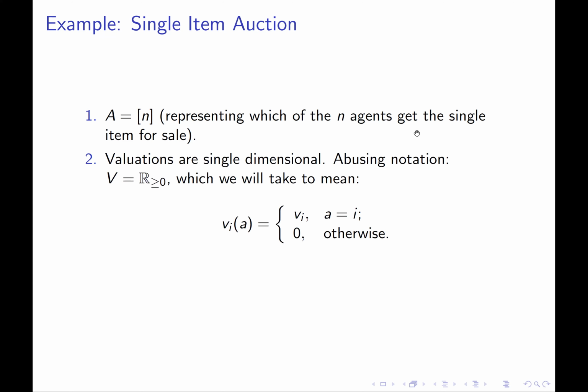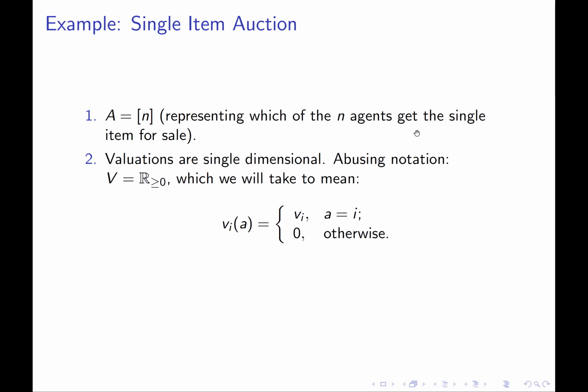And in this setting, valuations are pretty simple objects, right? Either you get the toilet paper or you don't. Let's assume if you don't get the toilet paper, you get value 0. If you do get the toilet paper, you get some real value. And that's the thing that's going to differ across agents. Okay, so valuation functions are functions, but let's abuse notation and think of valuations for now as real numbers.